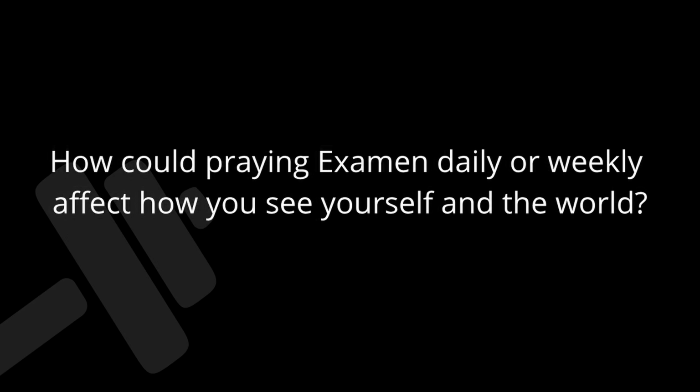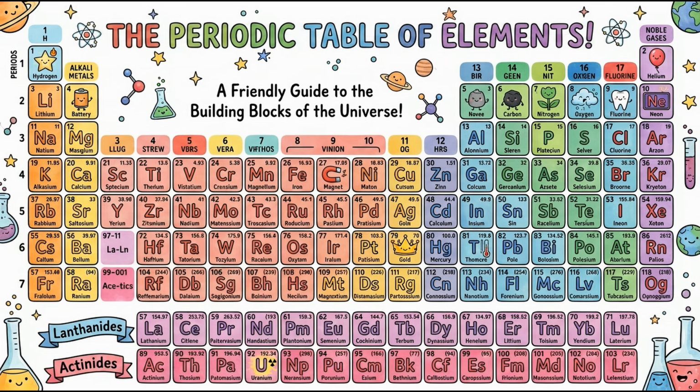Prayer has different elements. A full prayer life relies on all the elements, but they can be arranged in different ways. And it is not necessary that every prayer have all of the elements.